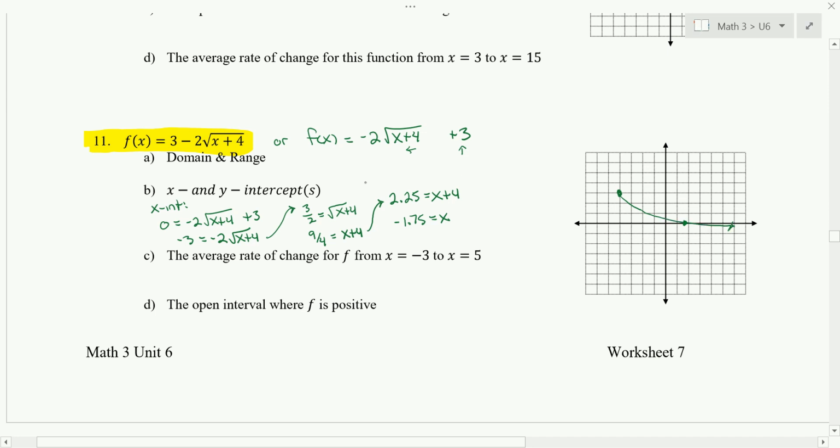For the y-intercept, plug in 0 for x, and we get f of 0 is 3 minus 2 times the square root of 4.